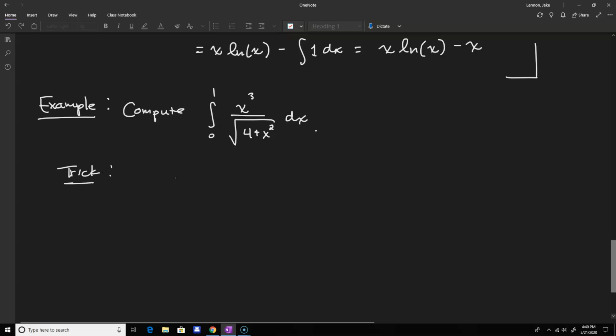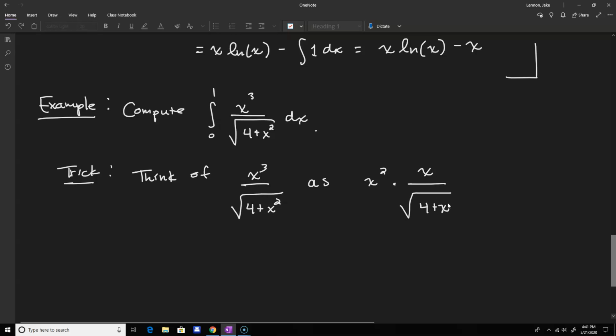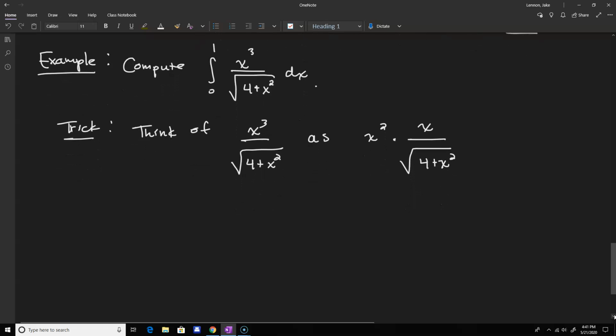You want to think of x cubed over the square root of 4 plus x squared as x squared times x over the square root of 4 plus x squared. Why? Well, it's really easy to take the derivative of x squared, and we know we can integrate x over the square root of 4 plus x squared using u substitution. So that's the trick.